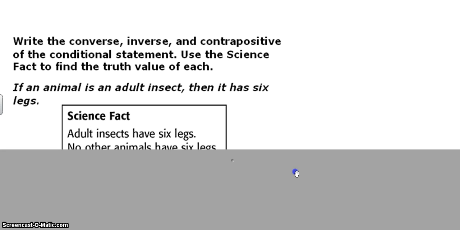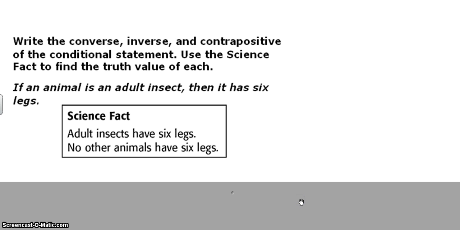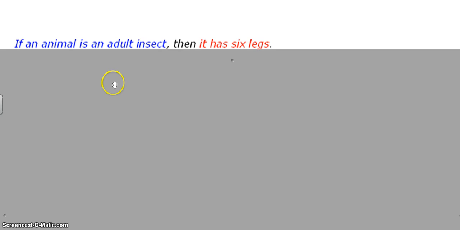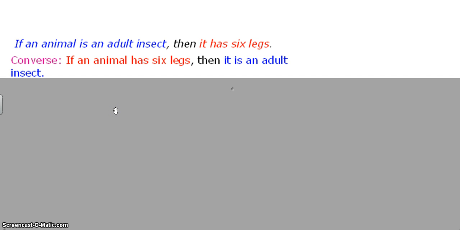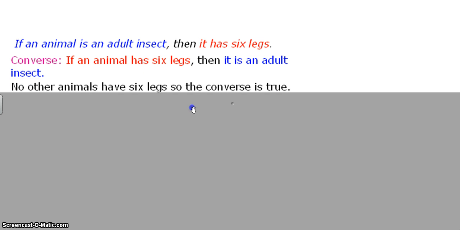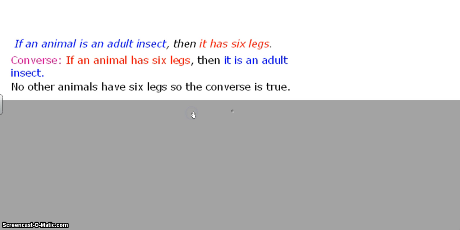Okay, whoops. If an animal is an adult insect, then it has 6 legs. So there's your conditional. So the converse of the statement would be to switch the hypothesis and conclusion, right? If an animal has 6 legs, then it is an adult insect. No other animals have 6 legs, so the converse statement is true.